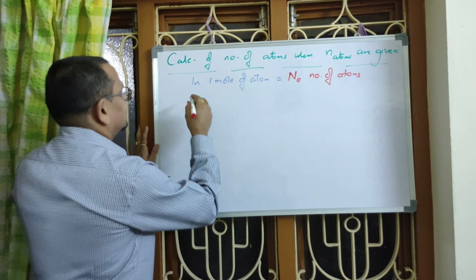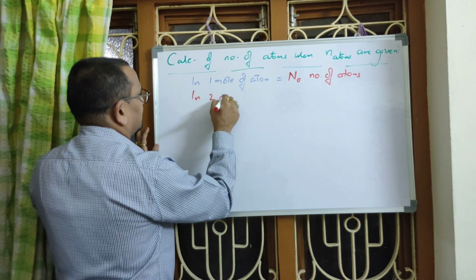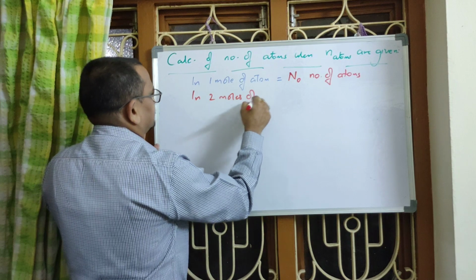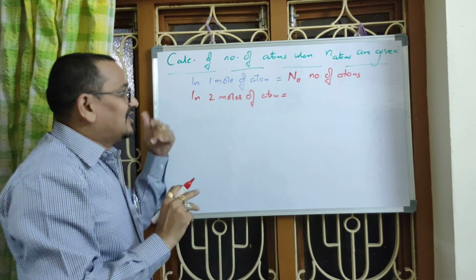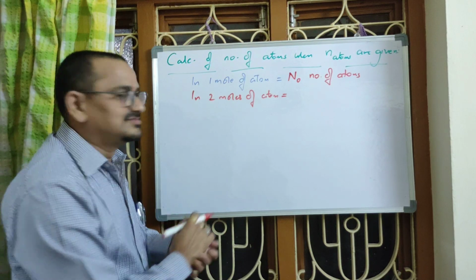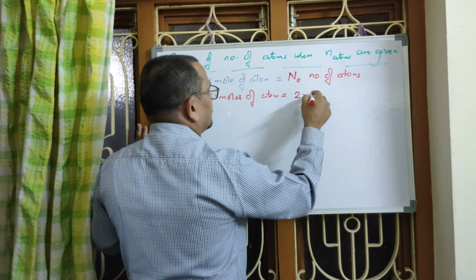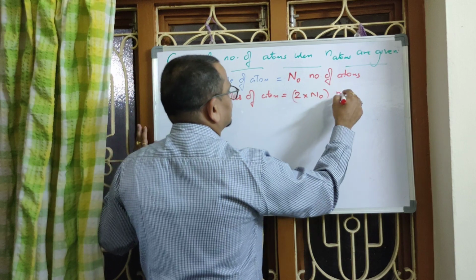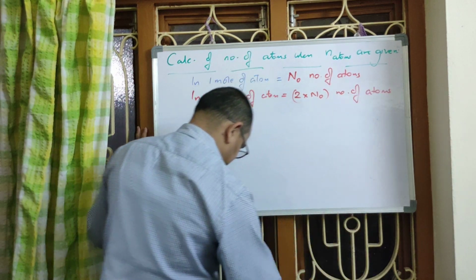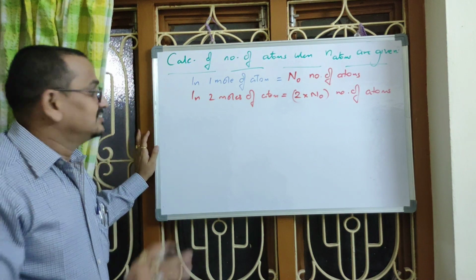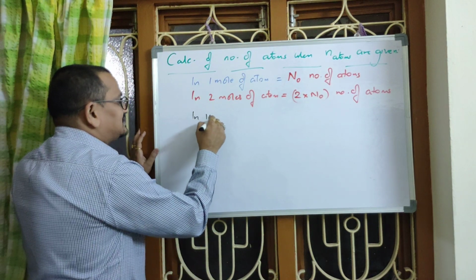Now my question is, if 2 moles of atoms are given, how many atoms are present? 2 into Avogadro number of atoms are present.